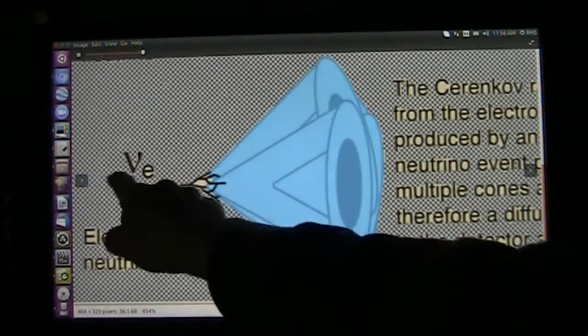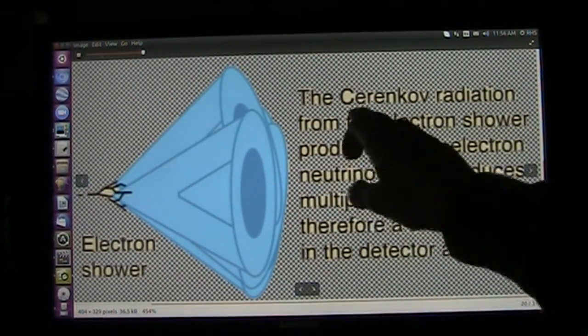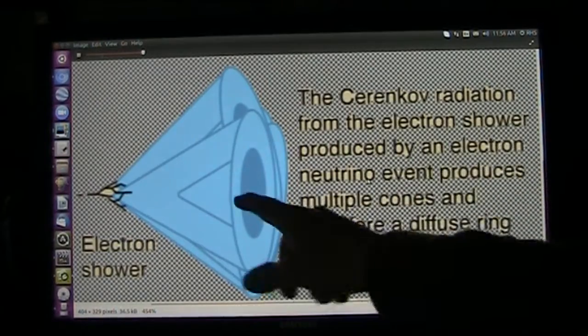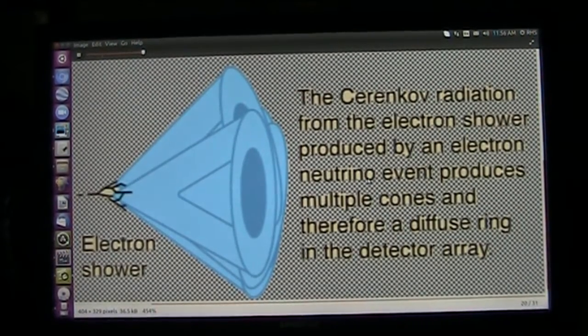So this is the Cherenkov, highly accelerated, correct, I'm right, thank you. The Cherenkov radiation from the electron shower, produced by an electron neutrino, they call it that, I call it accelerated electron, produces multiple cones. I go along with that. I agree, you guys are right.